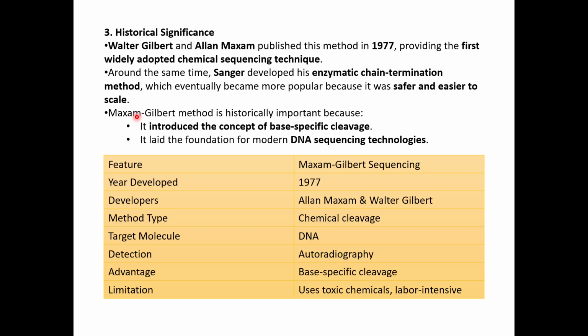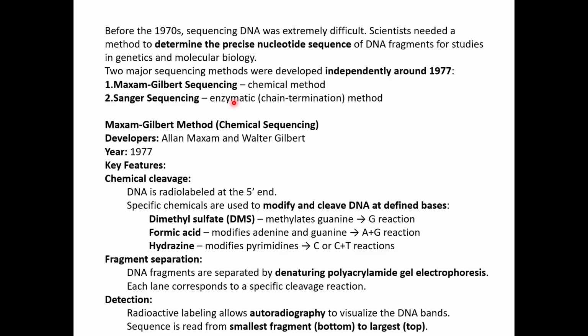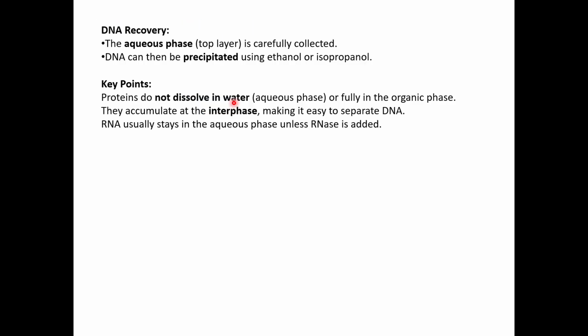It does not use the toxic chemicals which are generally used in Maxam-Gilbert. However, Maxam-Gilbert introduced the concept of base specific cleavage. It laid the foundation to modern DNA techniques. So each has its own pros and cons, but I think the only difference is the toxic chemicals that are used in the case of Maxam-Gilbert. So I guess that is it for this session.